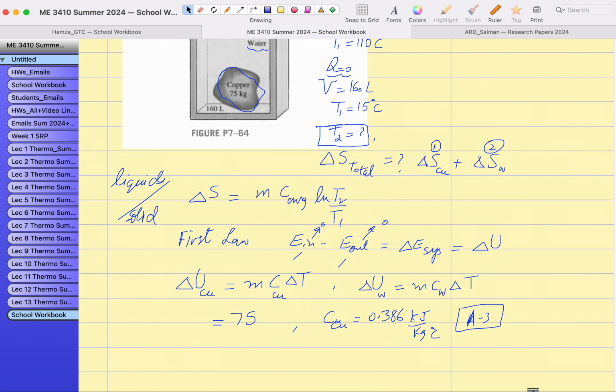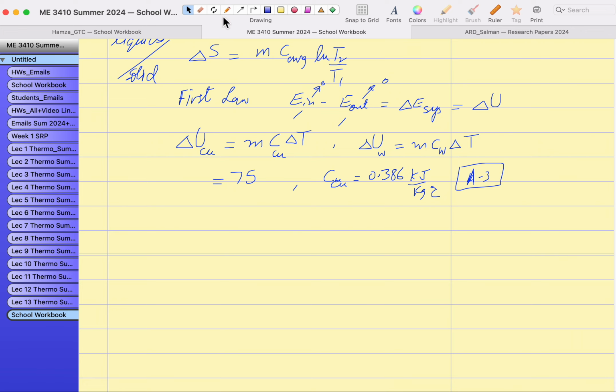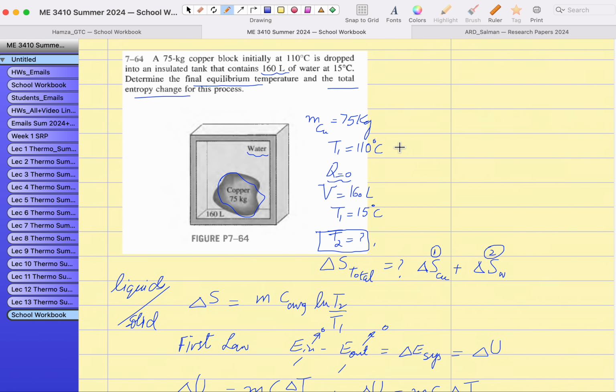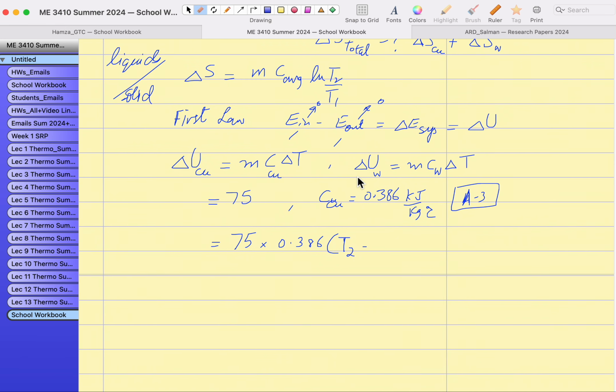Once we know the specific heat of copper, I can plug it in here: 75 times 0.386 times T2 minus T1, which is 110. Temperature should be in Kelvin, but since it's a temperature difference, you can leave it in Celsius, it doesn't matter in our case.